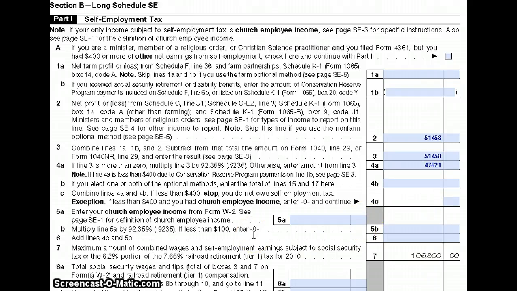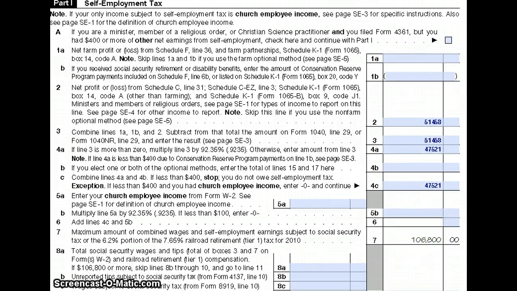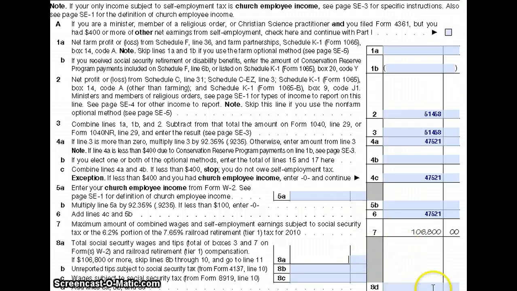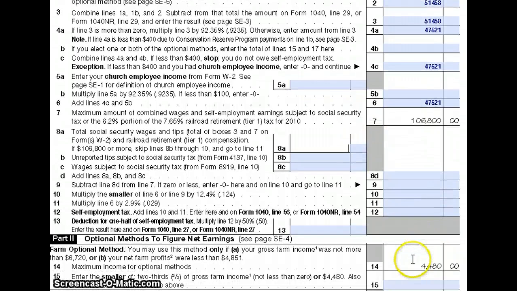We add those two lines. Part B doesn't affect us, so we are at 47,521. Next, we're not a church employee, so we skip that part, and stay at 47,521. That's one of the joys of doing these forms: you have to enter the same number multiple times, but hey, it's a government form.